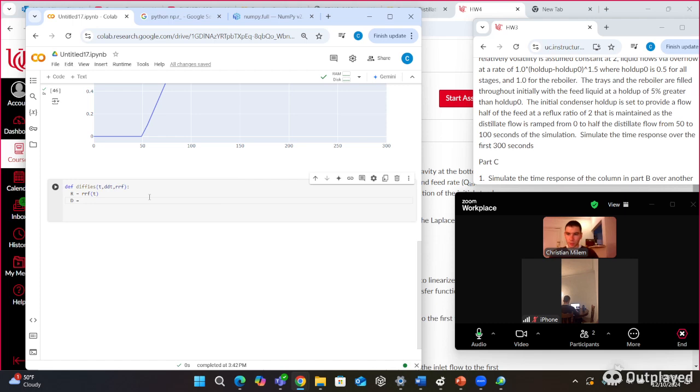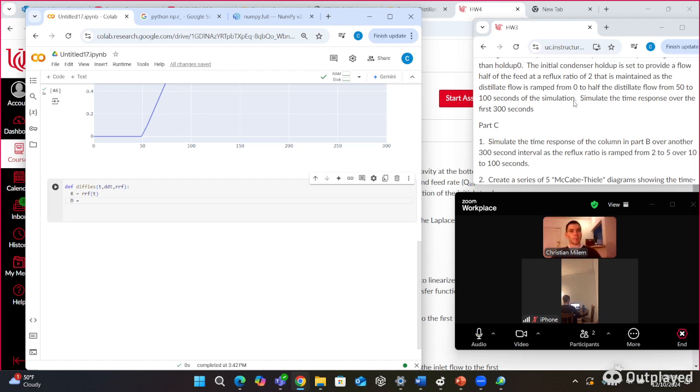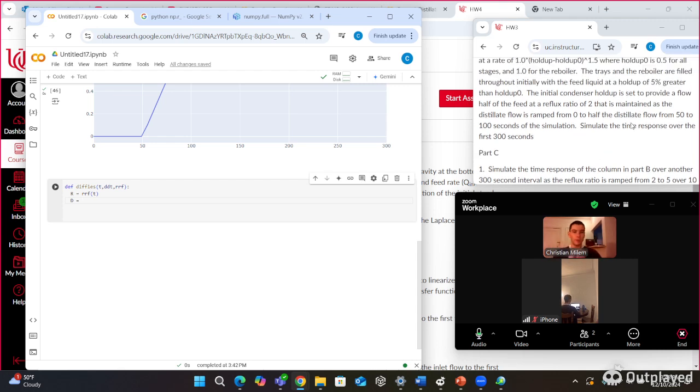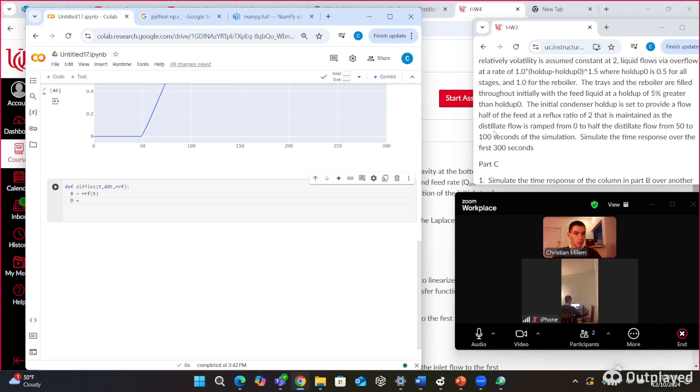D is actually going to ramp up. We want it to be half of what our feed is, but that's going to ramp up after 100. So it's going to ramp all the way up to half of our feed, and it's going to take from 50 to 100 to get there.